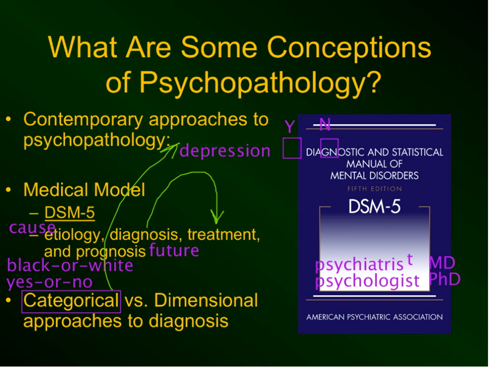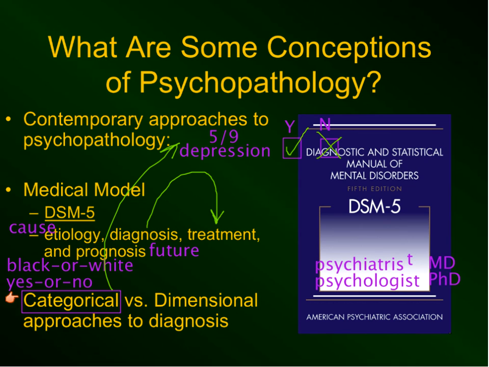Okay, for depression, we're going to learn on Tuesday, there are 9 symptoms that you can have. To get the diagnosis, you must have 5 or more of those 9 symptoms. If you do, let's say you have 6, or maybe you have 7 symptoms, I'm going to check yes for depression. If you come in for a diagnostic workup and we determine that you have 2 or 3 symptoms of depression, you're going to get a no check in that box. You don't have major depression.